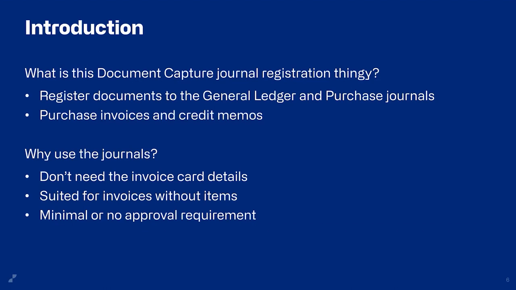But you could also just post the documents straight away because you don't need the approval. This is what I hear from the customers I have contact with: the reasons to use this are that we don't need the details, we don't post items, we don't need approval. So let's just post the documents straight away and get them finished.